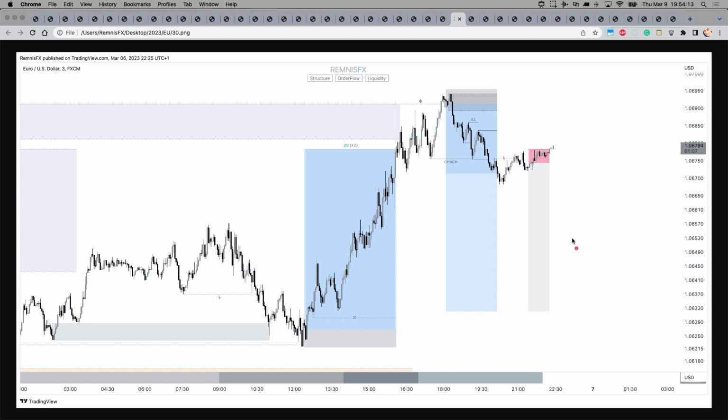Why? Because we still have engineered liquidity. Remember, these internal engineered liquidities and major endorsement hold more value, higher probability, while this one is 50-50, especially within the middle of a move. And like I mentioned, right, this was basically our impulsive move, and price was now retracing.